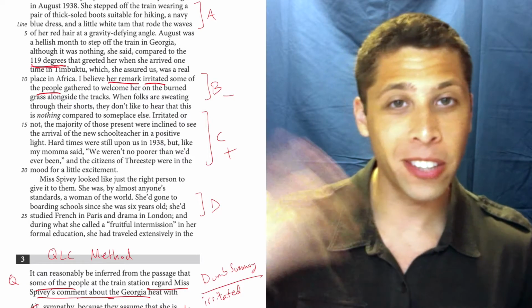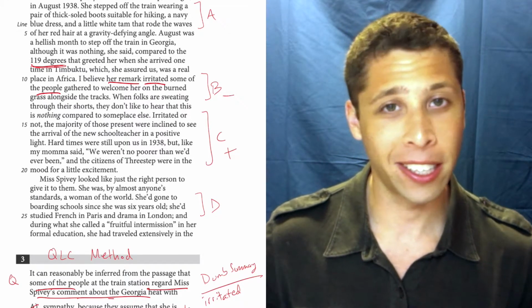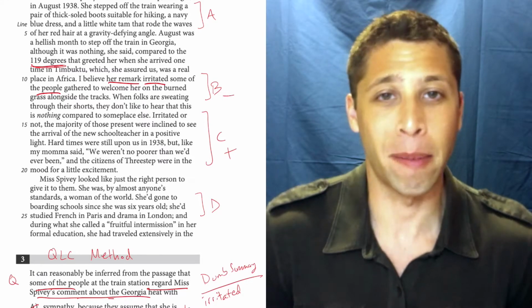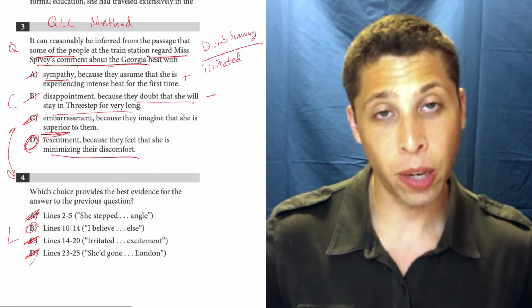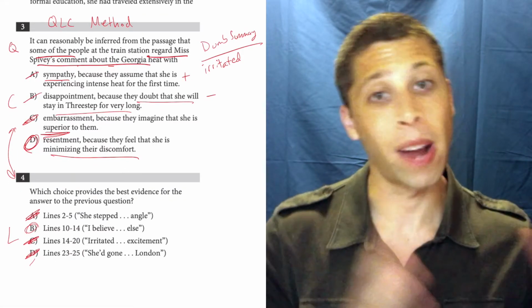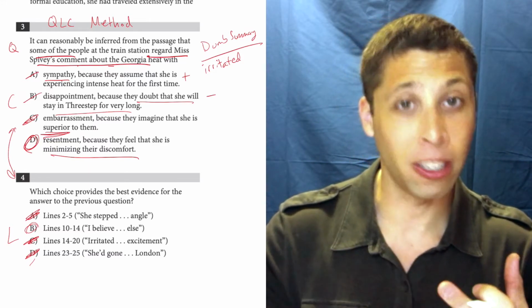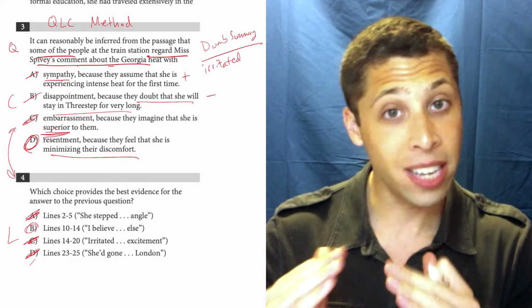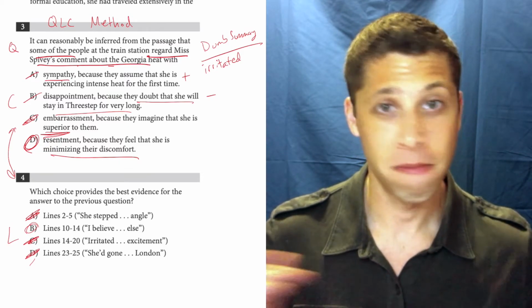So by her saying that Timbuktu is actually much hotter, it's making them feel like, come on, it's hot, I'm sweating, this is uncomfortable. So yeah, this is an evidence pair where we still, as always, need to jump around, but I think the line clearly answers the question and then clearly matches with the choice. So D is the answer to 3, and B is the answer to 4. I have no doubt about that.